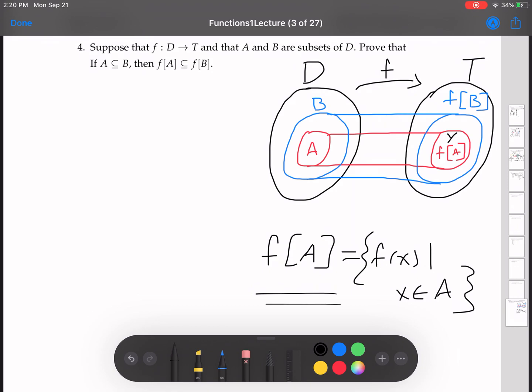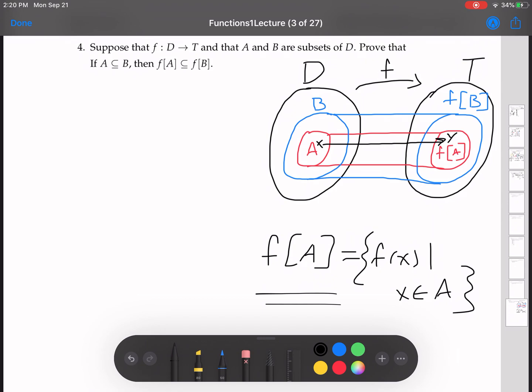So if y is over there, there's got to be some x over here that comes over to y.